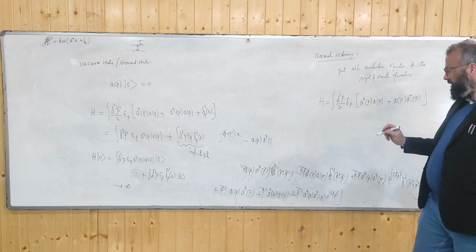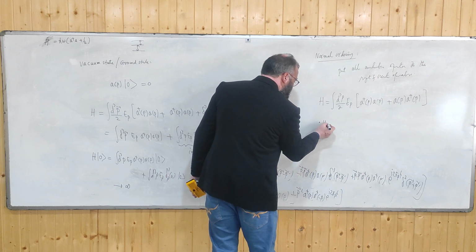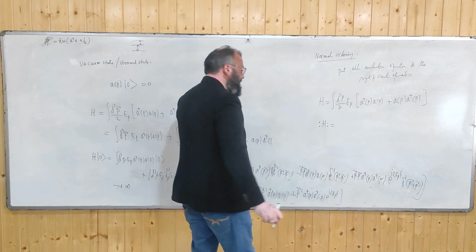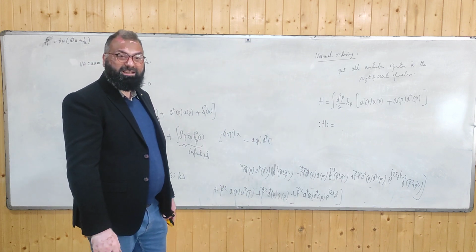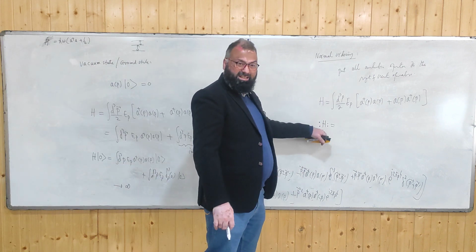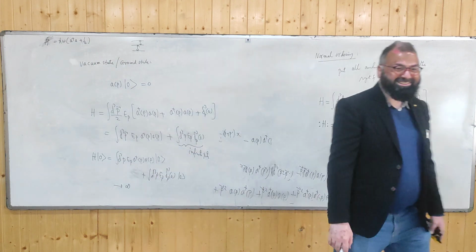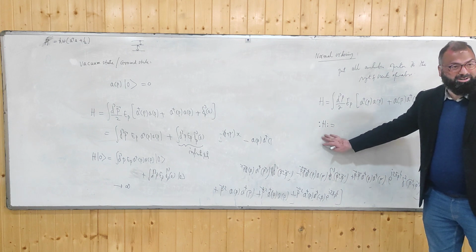So if I do the normal ordering, you put these ellipses. You know it? This means it's a normal order.